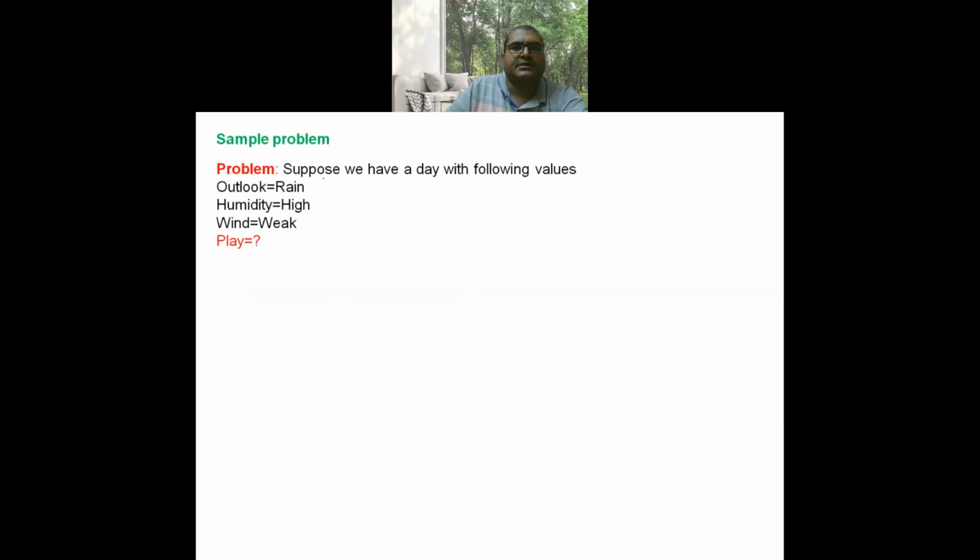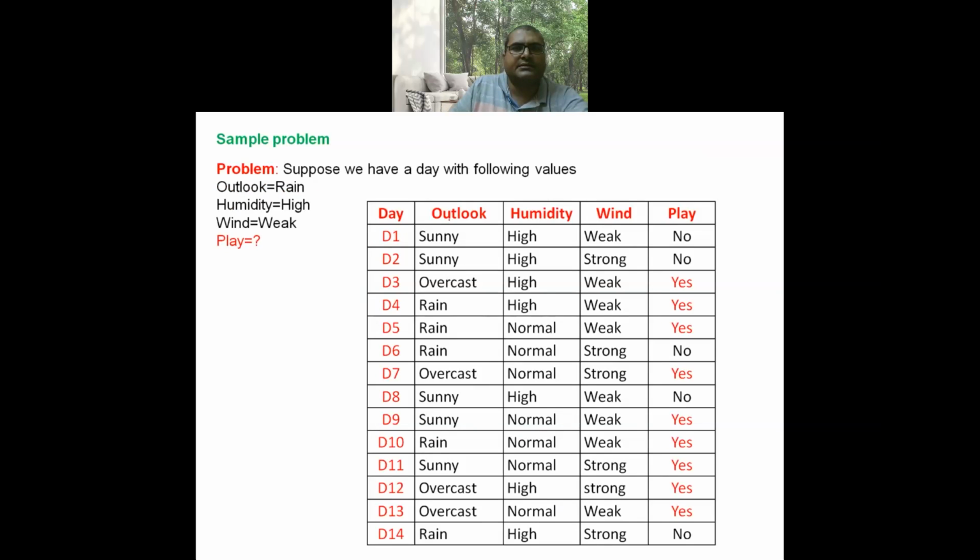And a sample problem on Bayes theorem is the data set given for 14 different rows. Here outlook, humidity and wind are features, and play is target. Based on the features, we need to predict the target for a given new data.